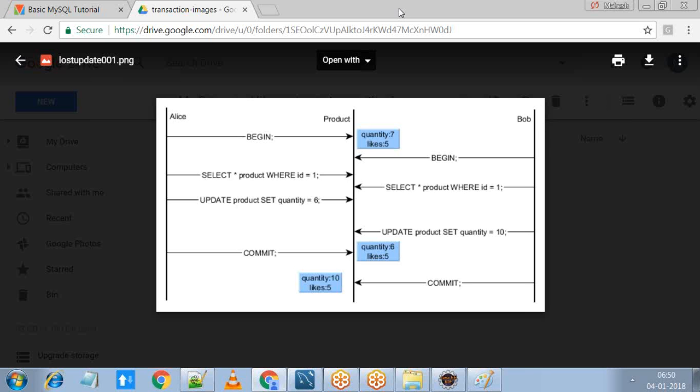You see that the update done by Ali's transaction is lost here. It wanted to update it to 6, but you'll find that the update done by the first transaction is retained, right? Bob's transaction is committed.